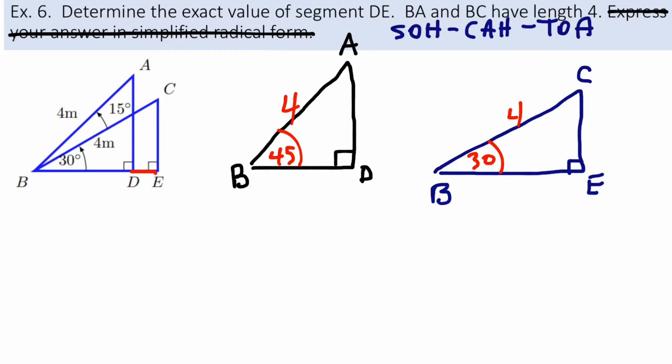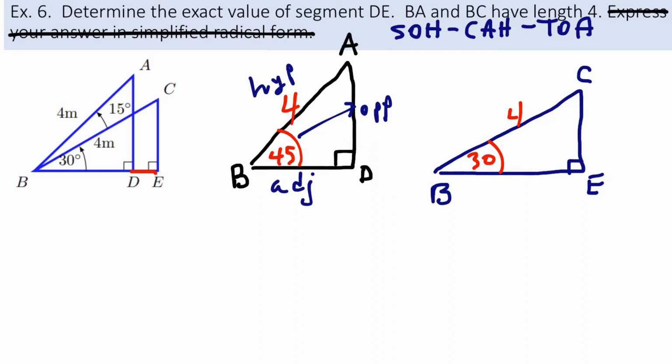So let's work on BD first. If I'm standing on the angle 45 degrees, this is my opposite side. Then this is my hypotenuse, and this is my adjacent side. So I can come up with an equation to solve for BD, my adjacent side.